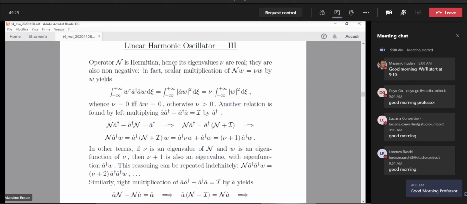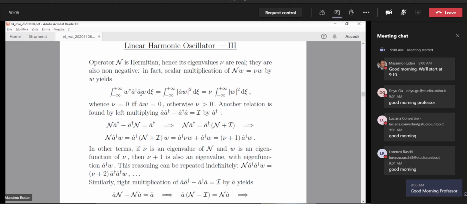So we have this expression here, and we have an integral in which we have W star, then it is followed by the number operator, that is A dagger A, operating on W. You remember that in an expression like this, we can take, for instance, A dagger, that is the operator on the left of A. We can think of A dagger as an operator operating on AW.